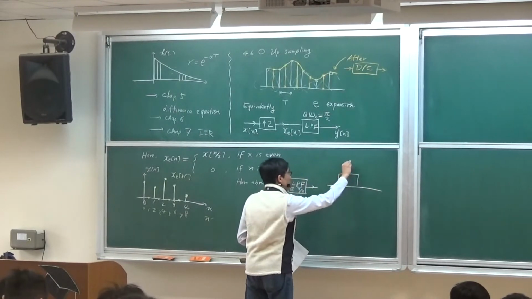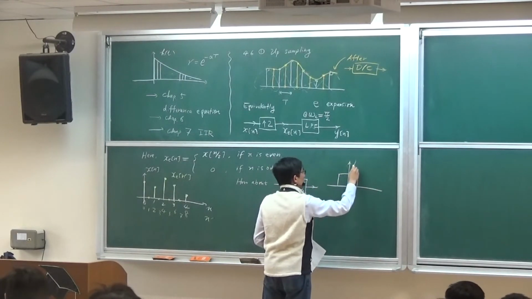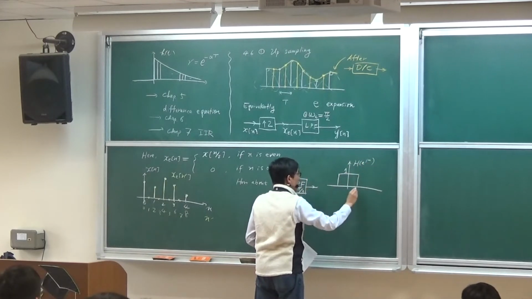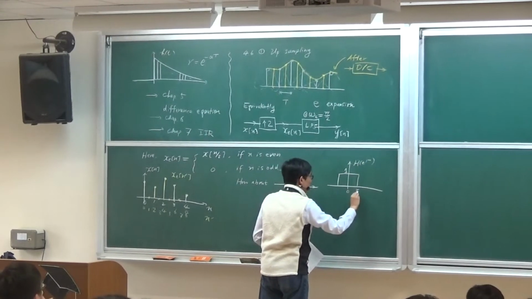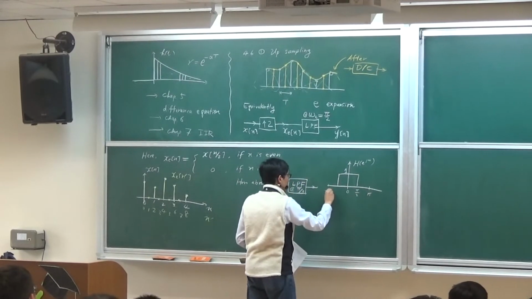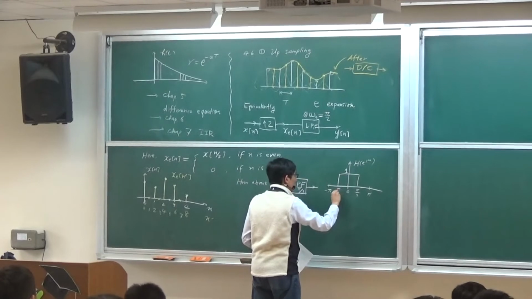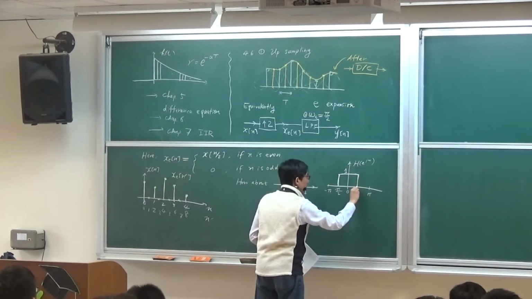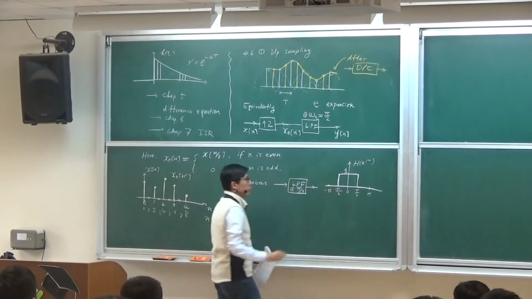Suppose that we have an ideal response, which is 1 within the passband from 0 to pi over 2, and beyond that is 0. Okay, so that's the meaning of low-pass filtering with a cutoff at pi over 2.